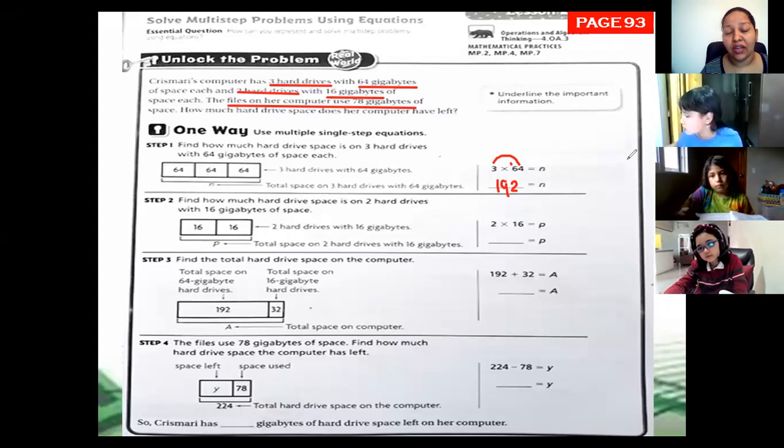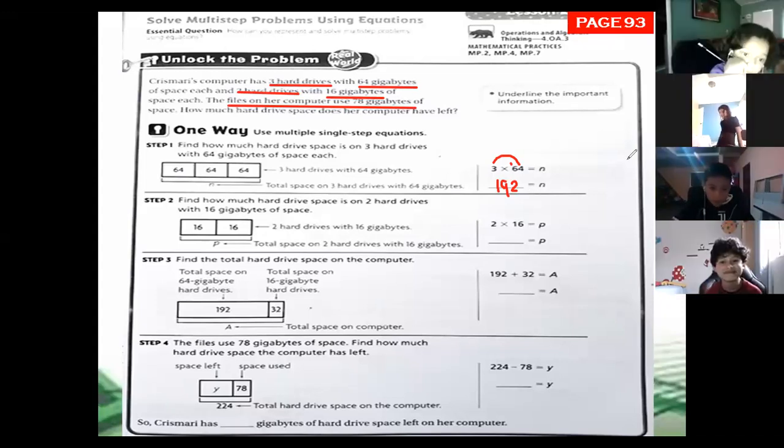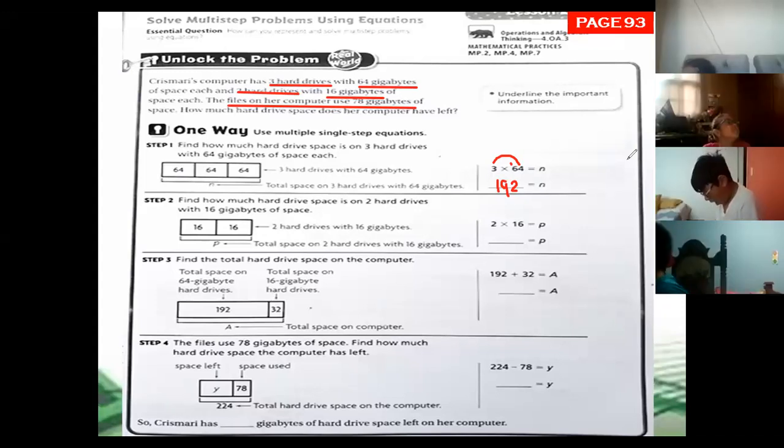Let's see step number 2. Camila, can you read number 2?